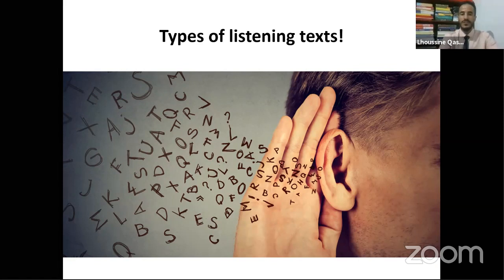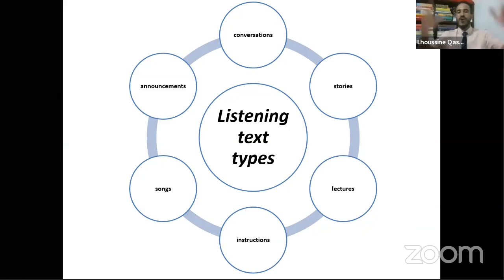Good. Thank you. So let's see here some types. These are the types. Conversations are the queen, the king. We all the time use conversations. Stories, lectures, instructions. The director's instructions, the doctor's instructions, your friend's instructions, how to go to this place. Okay. Songs.